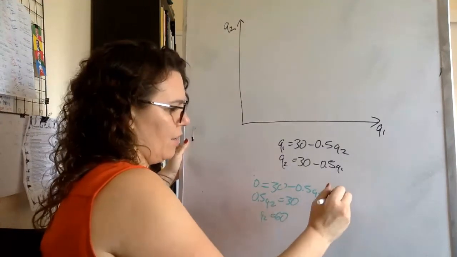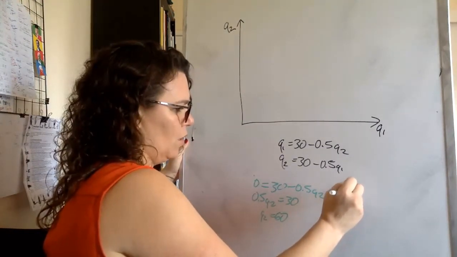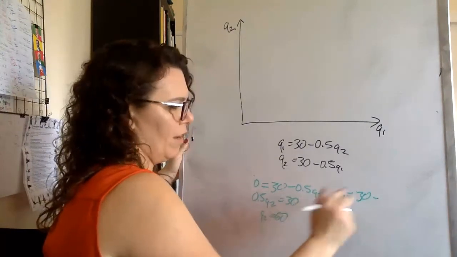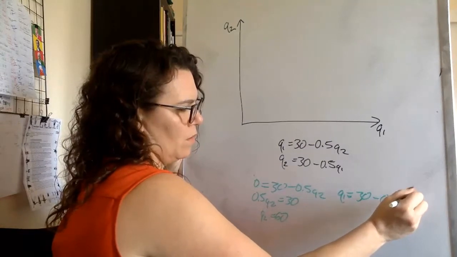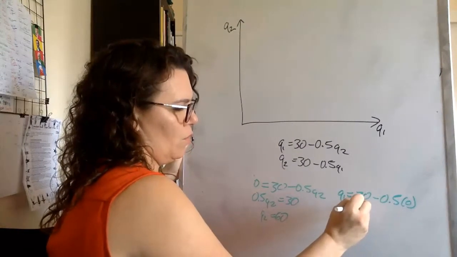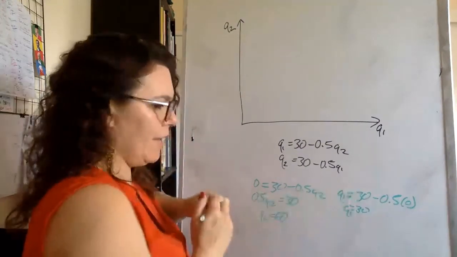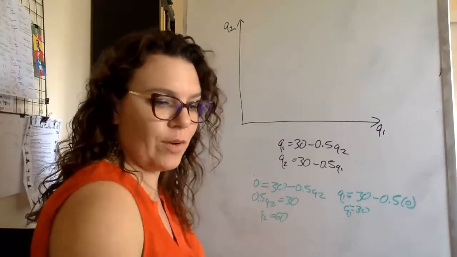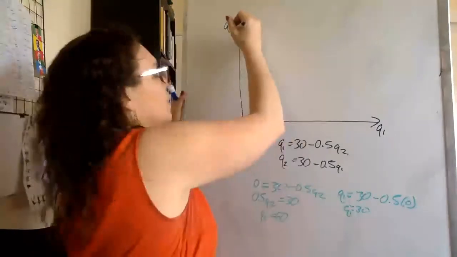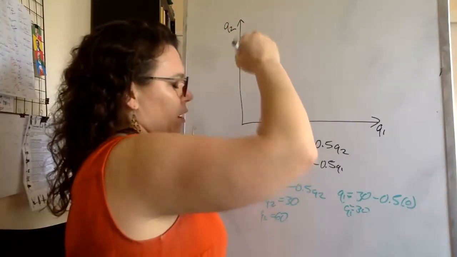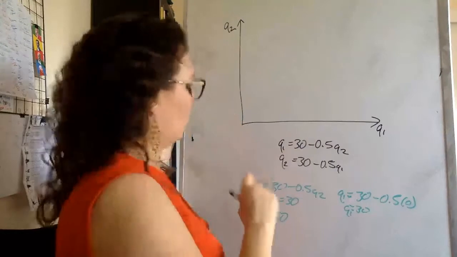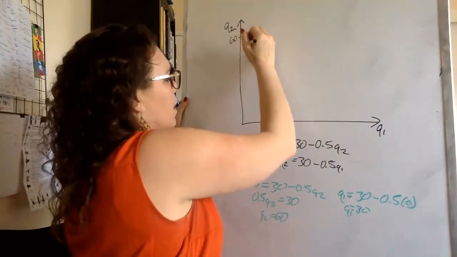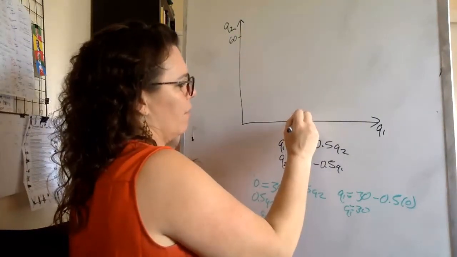On the other hand, if I set Q2 equal to 0, Q1 equals 30 minus 0.5 times 0, which gives me a Q1 of 30. That gives me the endpoints on this graph, right? So for firm 1, if firm 2 picks 60, they'll pick 0, and if firm 2 picks 0, they'll pick 30.